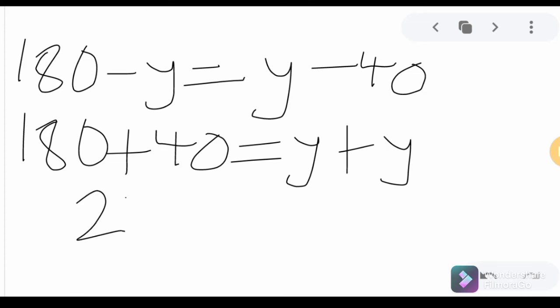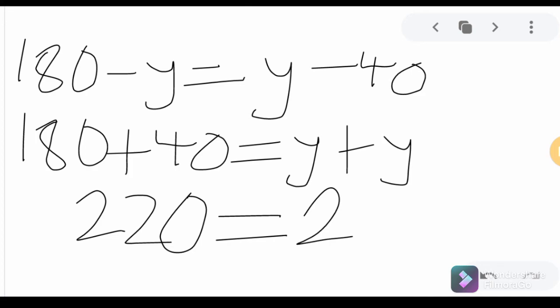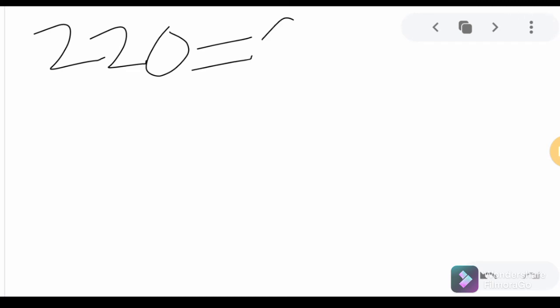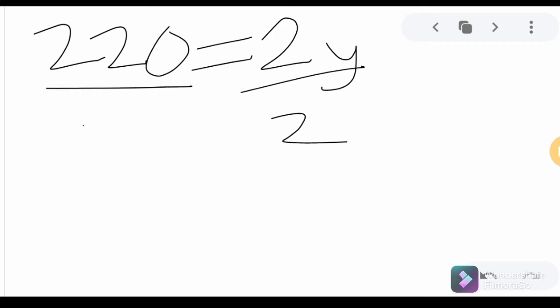So we have that 220, sorry, is equal to 2y. So we have 220 equals 2y. Divide both sides by 2.